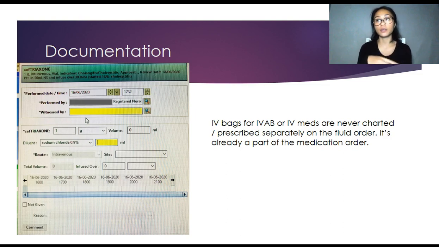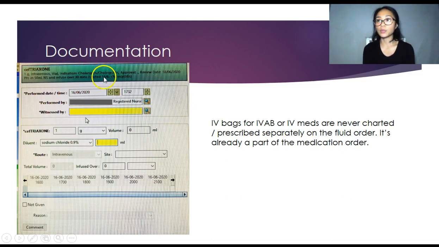But I need to let you know that even in clinical practice, they won't have a fluid order prescription for when you're mixing IV medications into an IV fluid bag. It is just the medication prescription. The example that I have here on the screen is from the EMR. We've got the medication ceftriaxone 1 gram intravenous, prepared in a vial.